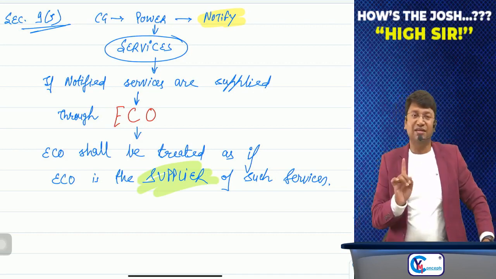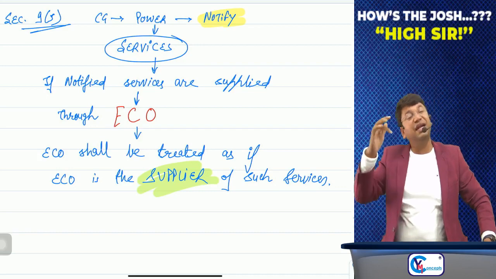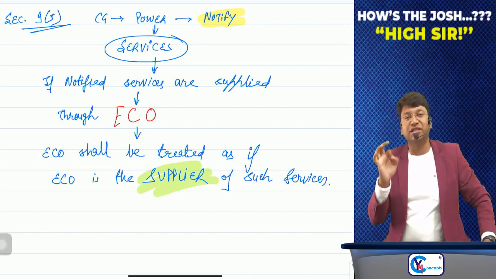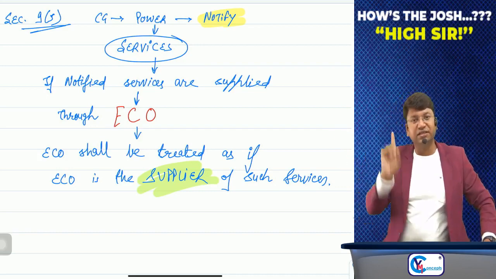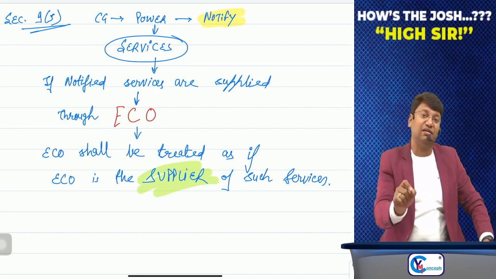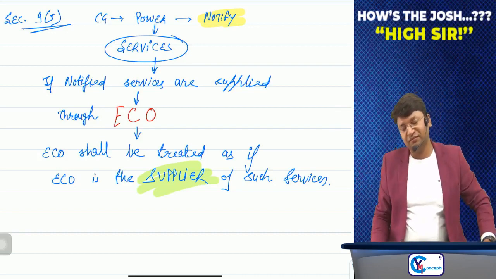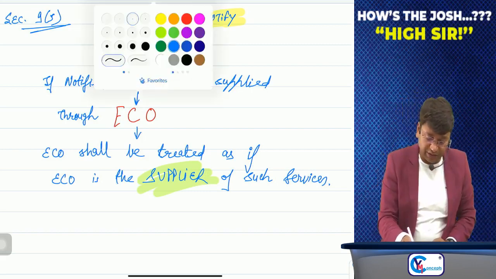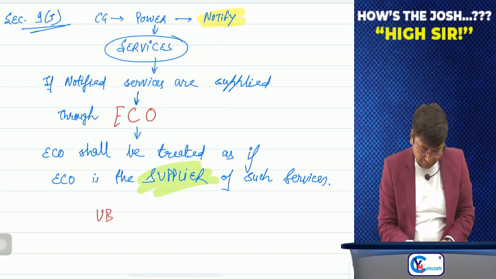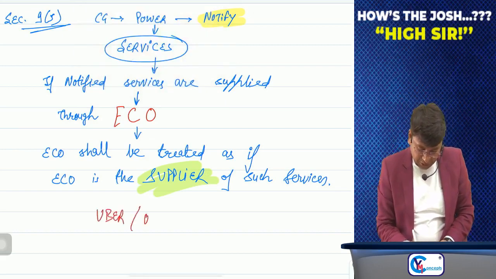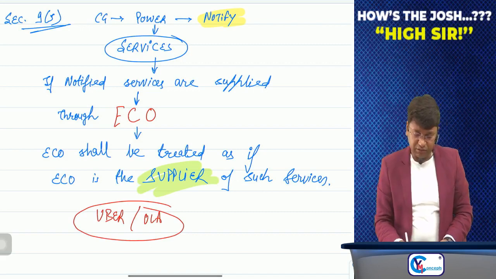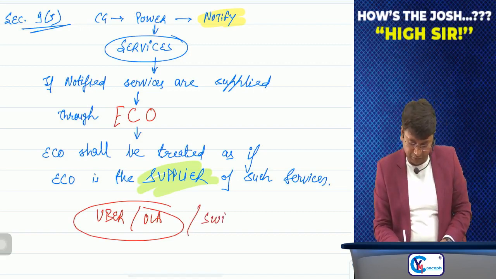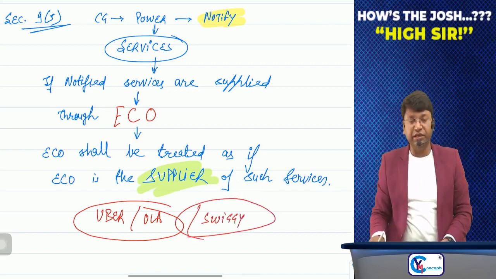Sir, again, section 9(3), 9(4) and 9(5), all these subsections are covered in chapter number 7. We will discuss these 3 subsections in detail with the list of goods and services, whatever is applicable in that chapter. But just giving you a hint, sir, you can take an example of Uber, Ola, or you can take the example of now Swiggy also.